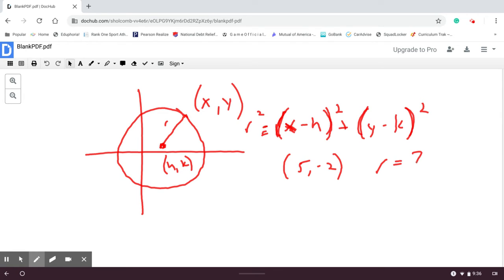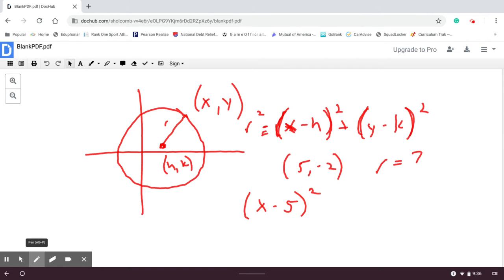So the equation of the circle is, in this particular case, (x minus 5) squared. Notice that that's always a minus sign, so you'll have to switch it if it's a negative.